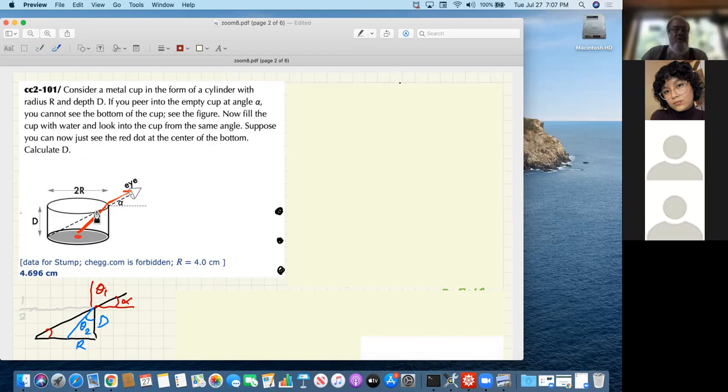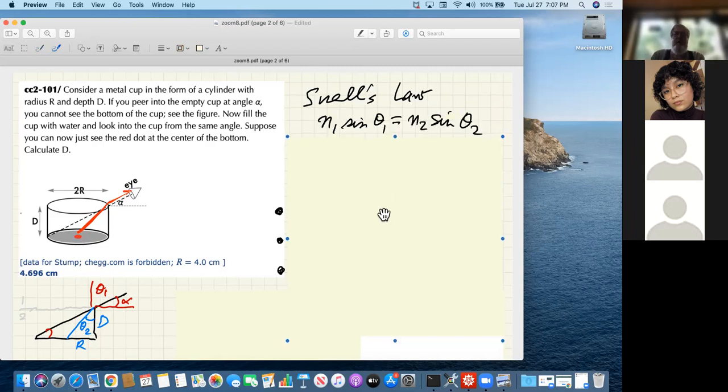Now we know the equations for refraction. So Snell's law says n1 sine theta 1 is equal to n2 sine theta 2. So n1 will be in the air, and the index of refraction is, we can just approximate it by 1. n2 would be in the water, and the index of refraction of water is 1.33.